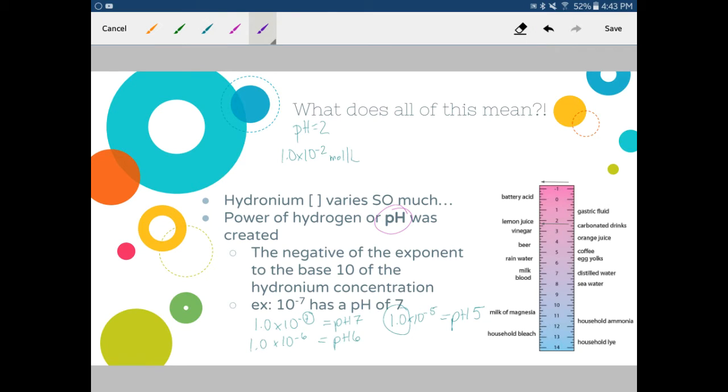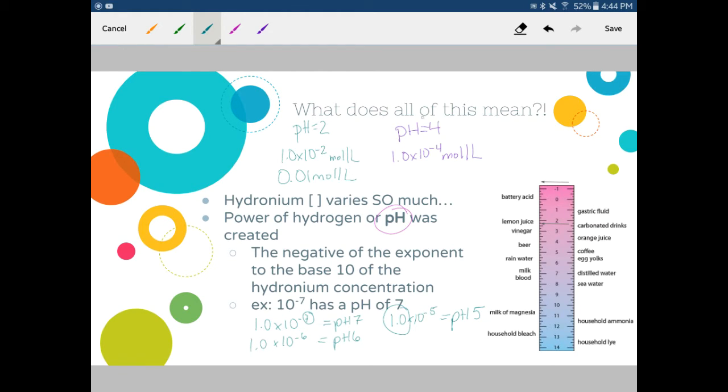Now if I jump to a pH of 4, our hydronium ion concentration is now 1.0 times 10 to the negative 4 moles per liter. So if I look at this concentration, let's convert this value to a digit that isn't scientific notation. 1.0 times 10 to the negative 2, that means I move the decimal place 1, 2 spaces over, so I have 0.01 moles per liter.